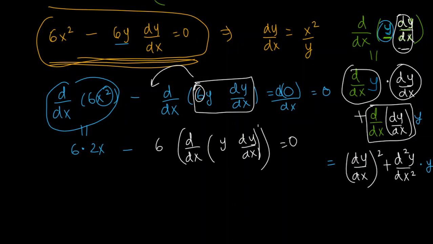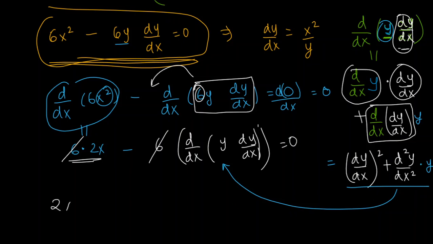Put all of this in. In fact, we can also cancel out the 6's. I didn't observe that. So now we have 2x minus, in the brackets, dy over dx squared plus d squared y over dx squared times y is equal to 0.